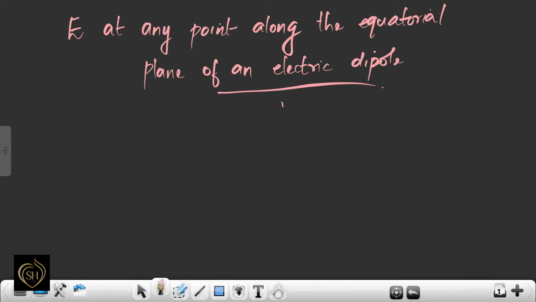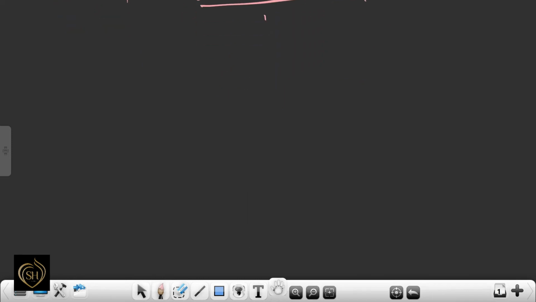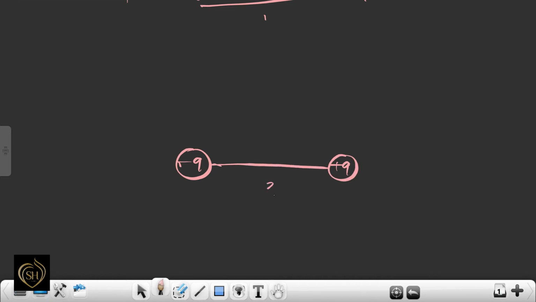Now let us find the intensity of electric field E at any point along the equatorial plane of an electric dipole. For that, let us consider the dipole. The dipole is having a length 2L. O is the center of the dipole.